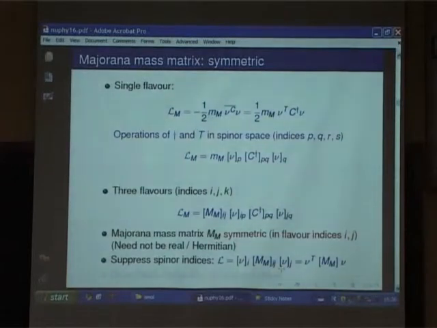So normally therefore you would find that very often people write the Majorana mass matrix in the basis of nu transpose and nu. Remember, this transpose is different from this transpose. This transpose was in spinor space. This is in flavor space.